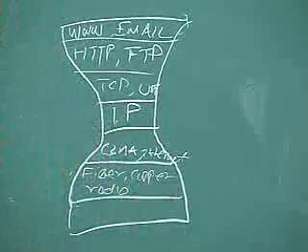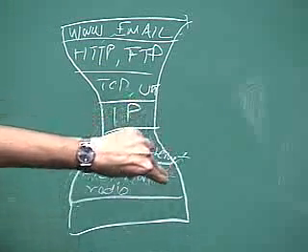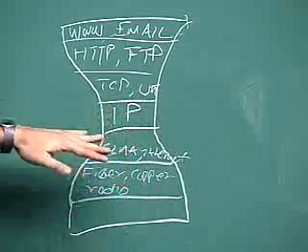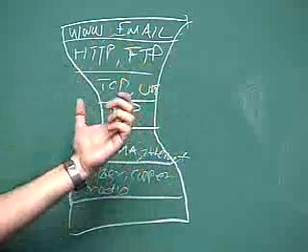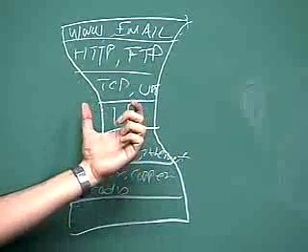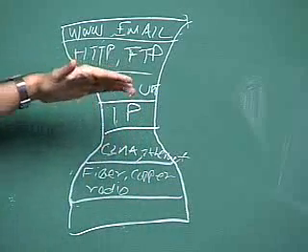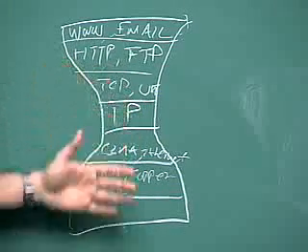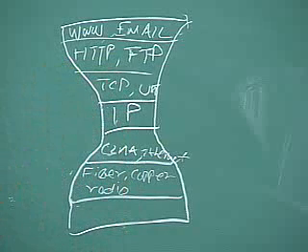And the principle behind this IP hourglass was to keep IP as simple as possible. All the complexity lies below or above IP. IP itself is kept very simple, hence it resides in this thin portion of this hourglass architecture. And IP is the glue which can let all kinds of different technologies come together into one network.